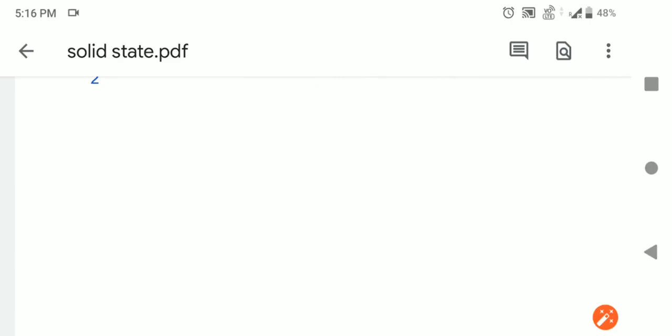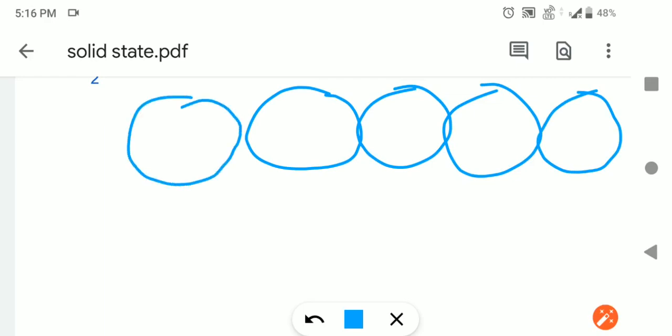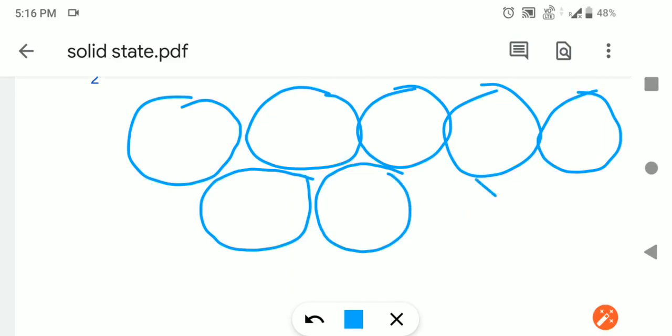Sorry, again I have to draw the spheres of the first layer, the spheres of the first layer, and the spheres of the second layer, this one.